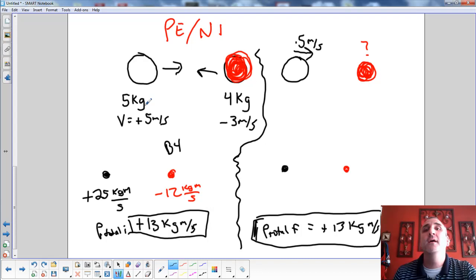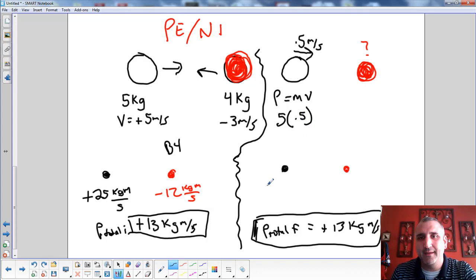We know the momentum here is the mass times the velocity, which is the mass is still 5. The velocity is now 0.5. So its momentum is positive, because it's positive 0.5 meters per second, positive 2.5 kilogram meters per second. And that means the red ball has to be doing whatever's left to get it to be 13 kilogram meters per second.